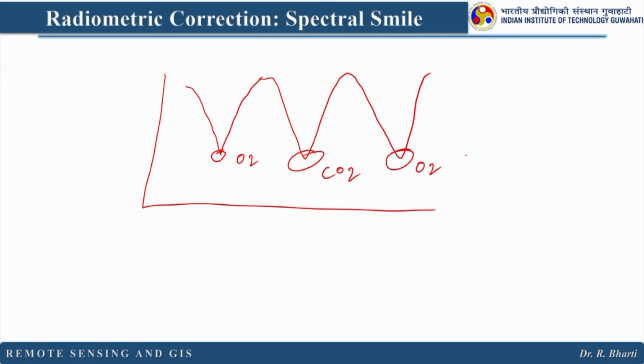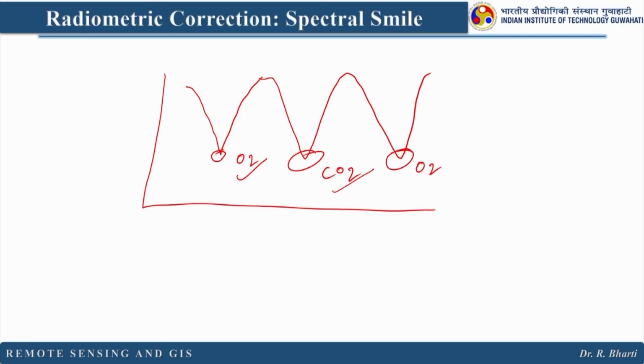So, these are the fixed wavelengths of oxygen and carbon dioxide, but here we are not going to use this in our study if you are going to use this image for any surface analysis, but for atmospheric people these are the data set.